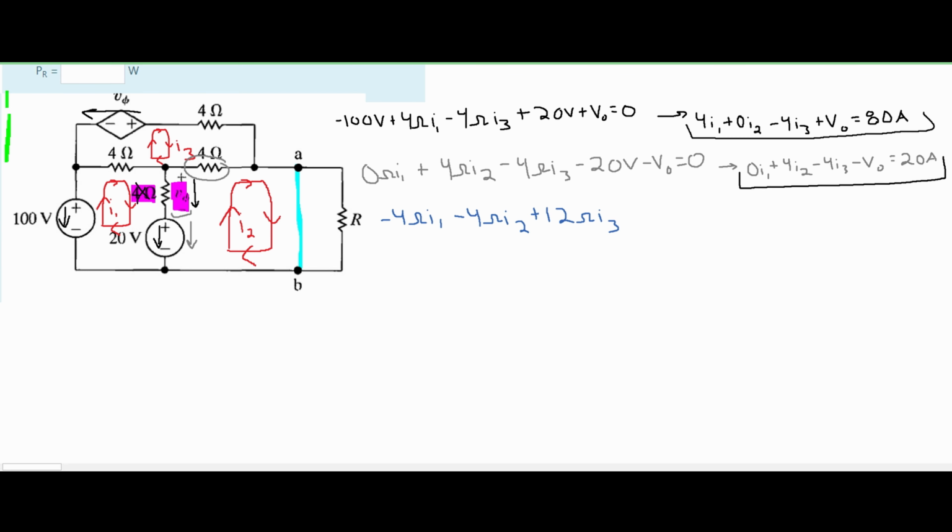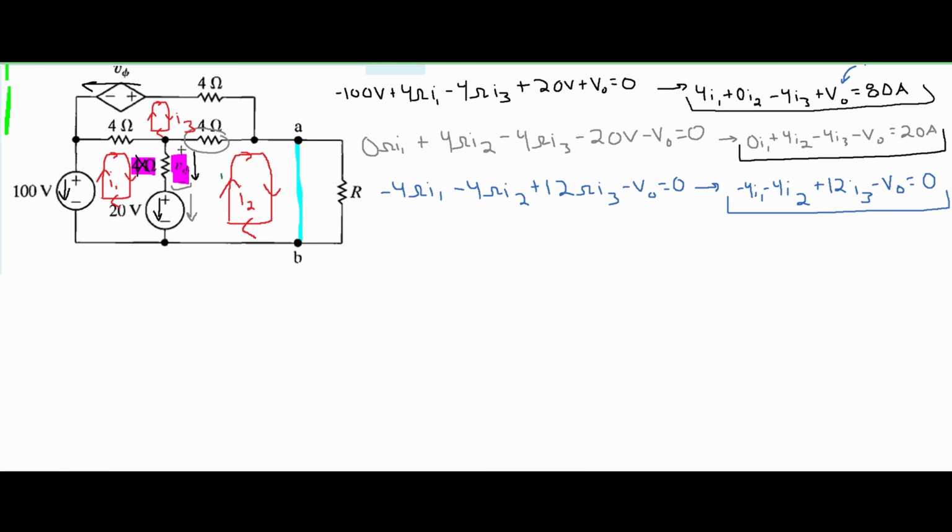Lastly, we have a V0 going into here. It is going in the opposite direction of our current, so we will have a minus V0, and that's equal to 0. It's important to note that after each of our V0s, we have amps instead of voltage. For our V0, we can see that it's going to be over the 4 ohm resistor. So now we are actually going to be using this 4 ohm resistor.